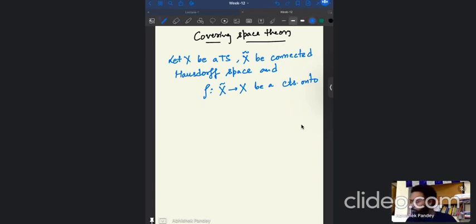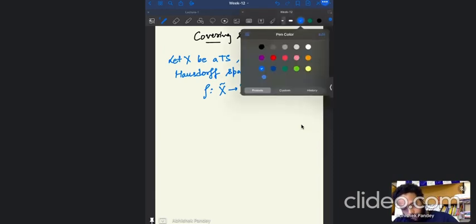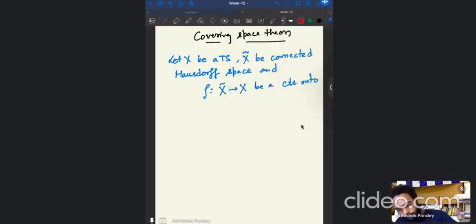Okay, so in this case, I will write some definitions.